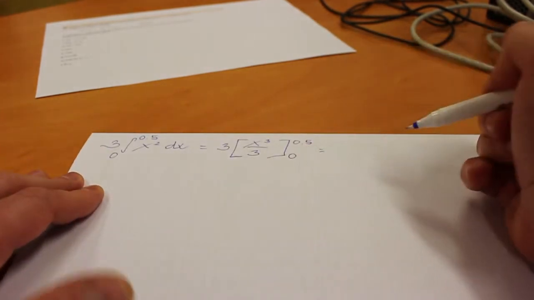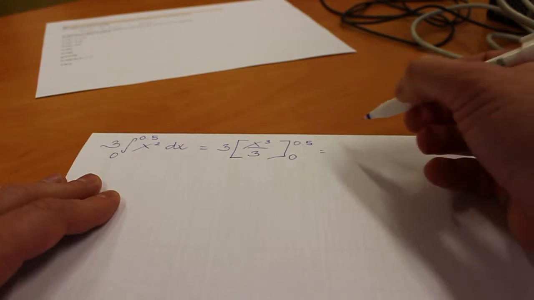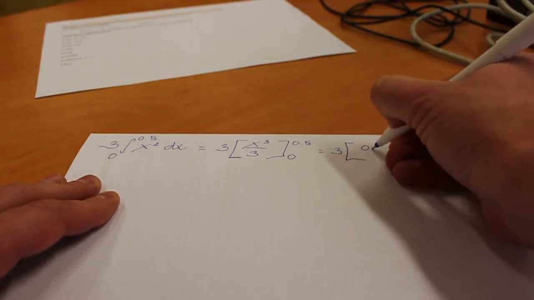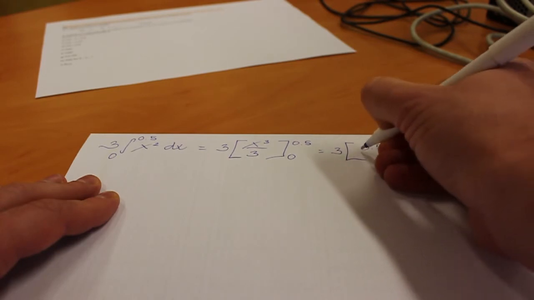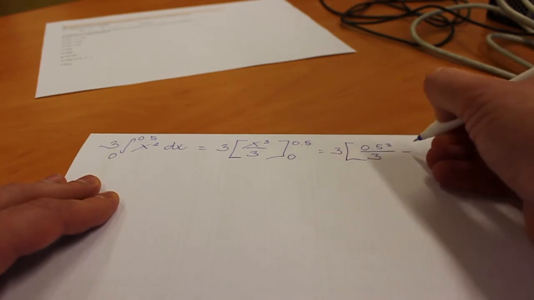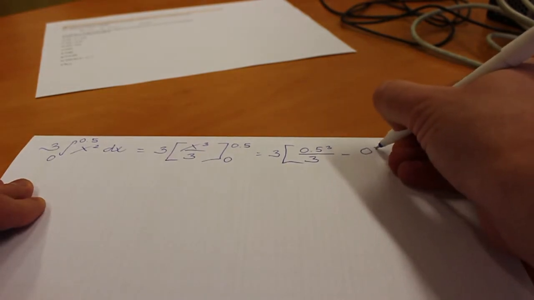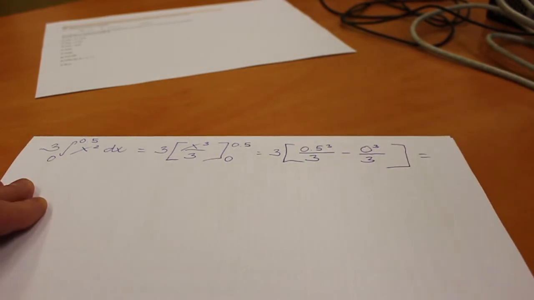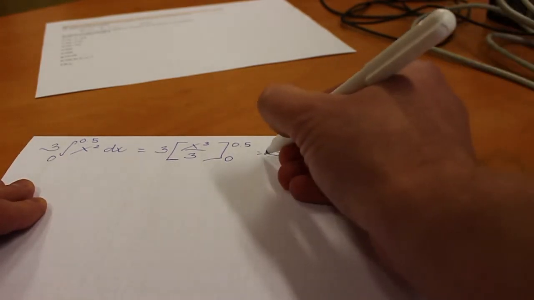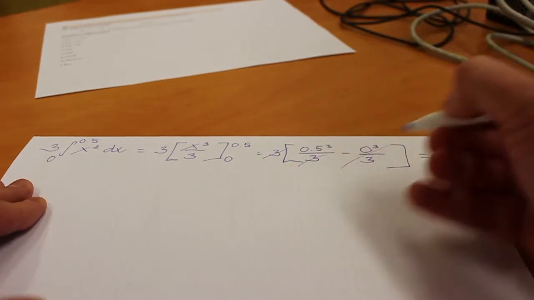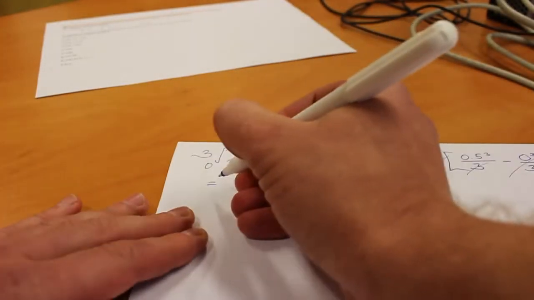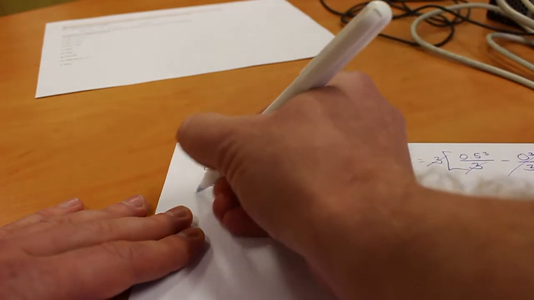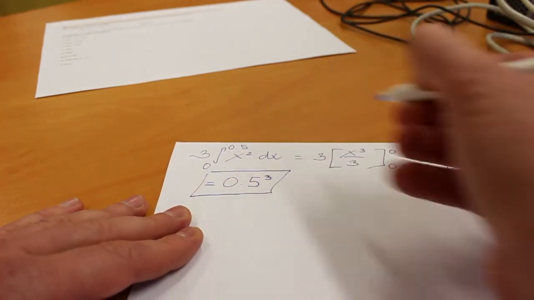You can calculate the difference between upper and lower bound: 3 times (0.5 to the power of 3 divided by 3 minus 0 to the power of 3 divided by 3). Yes, there is 0, this 3 is crossed with this 3, and the result is equal to 0.5 to the power of 3.